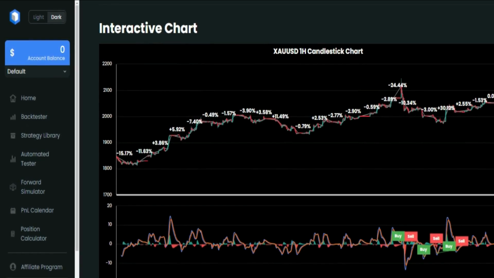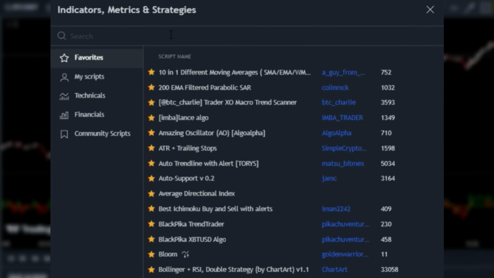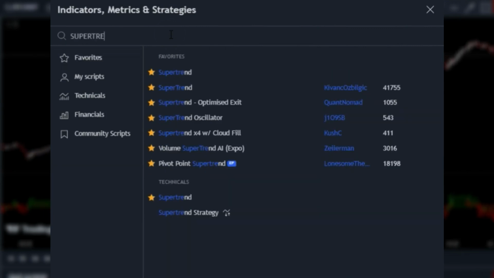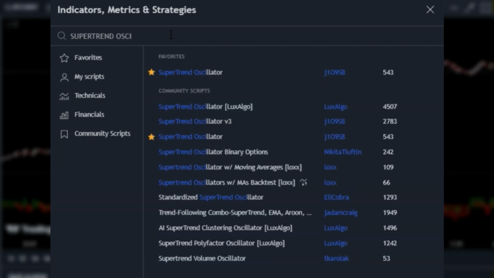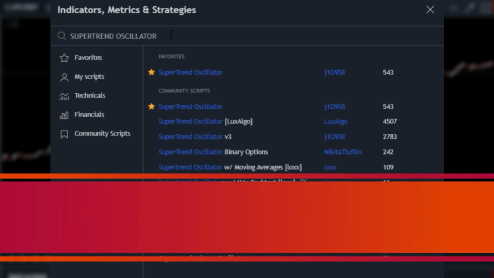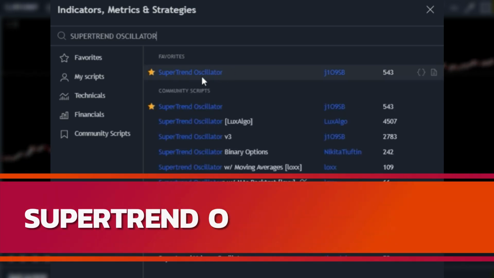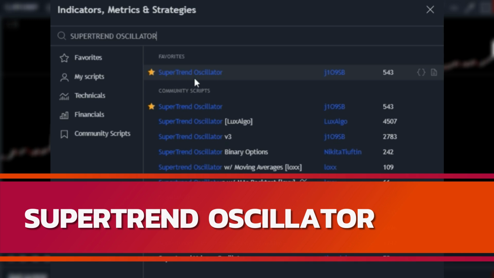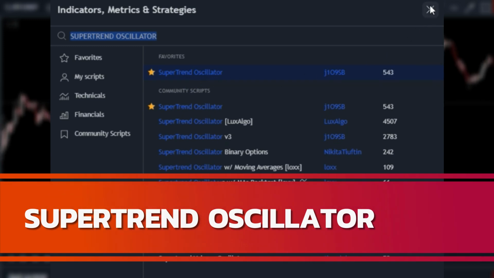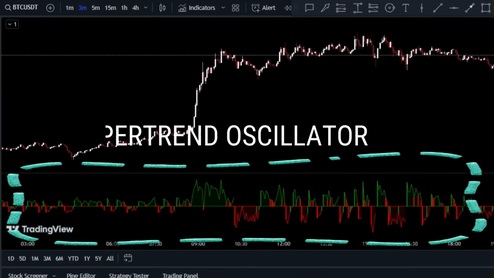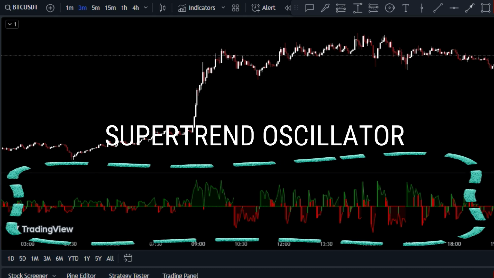Now let's get back to the strategy and add the second indicator called Super Trend Oscillator. After adding it to the chart, we'll walk you through a few quick settings adjustments.